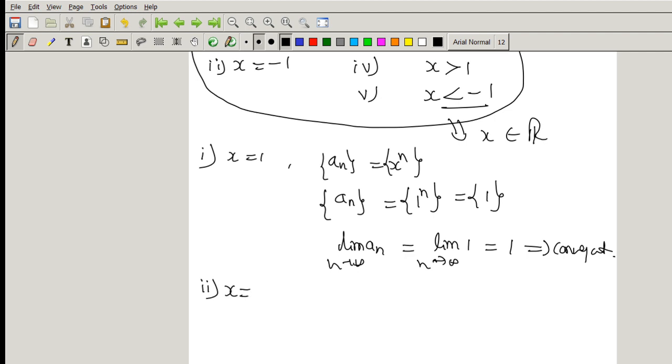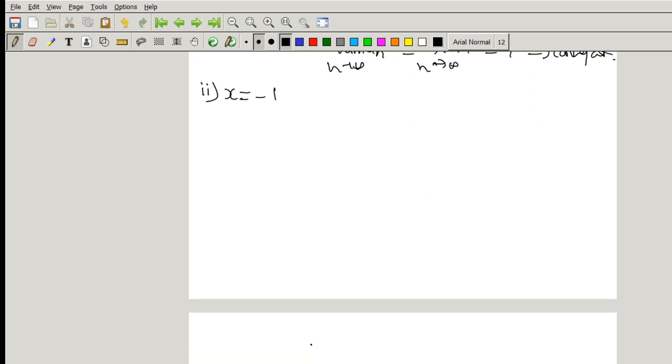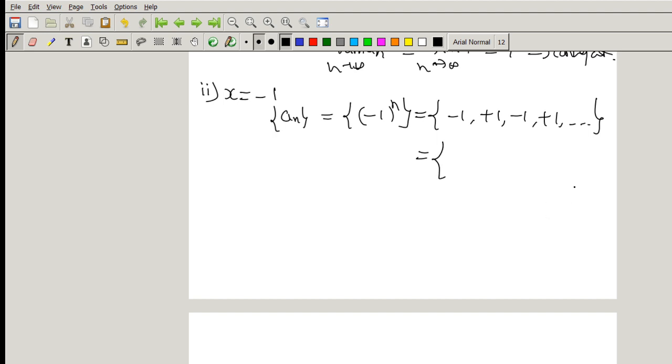Second case, if x is equal to minus 1. When x is equal to minus 1, a_n is nothing but x power n, which is minus 1 power n. Minus 1 power n is nothing but minus 1, plus 1, minus 1, plus 1. This is minus 1 if n is odd and 1 if n is even.